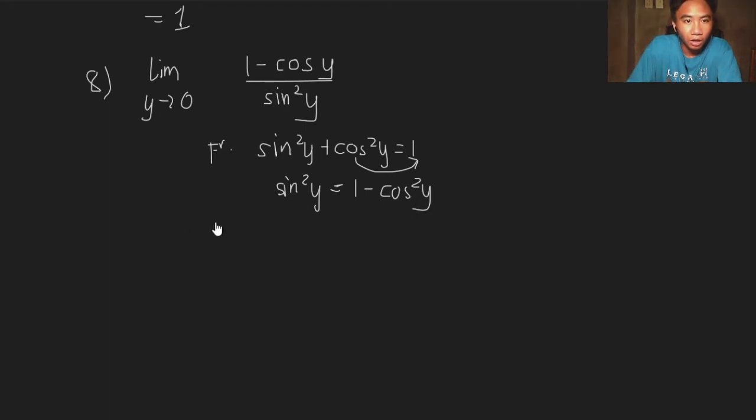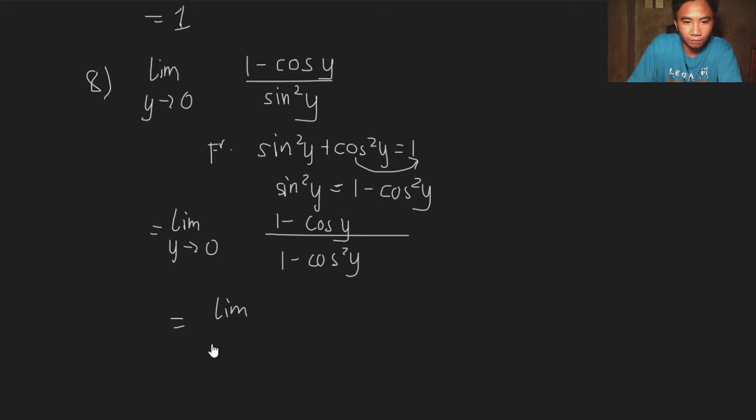So, from substitution, limit, copy lang natin yan, 1 minus cosine y all over, napalitan na nito, yung sine squared y, substitute natin ito. So, 1 minus cosine squared y, as y approaches to 0.